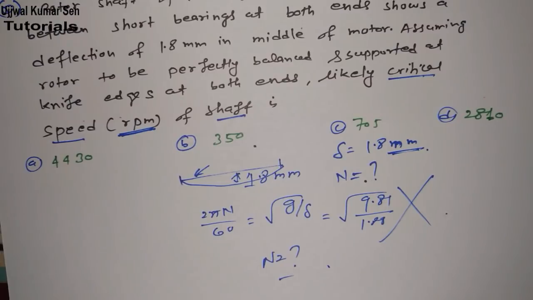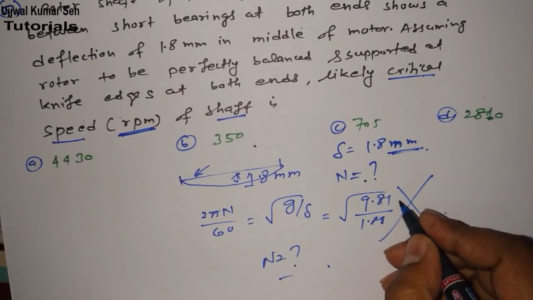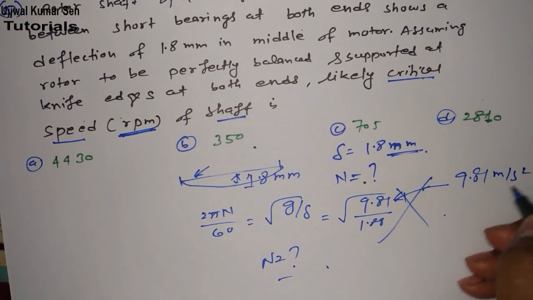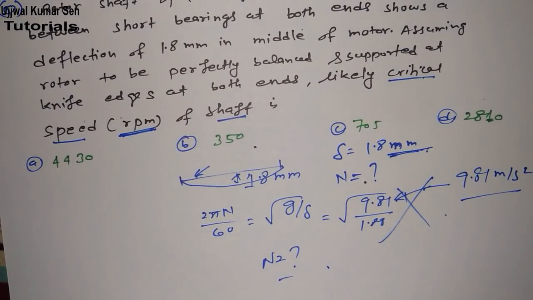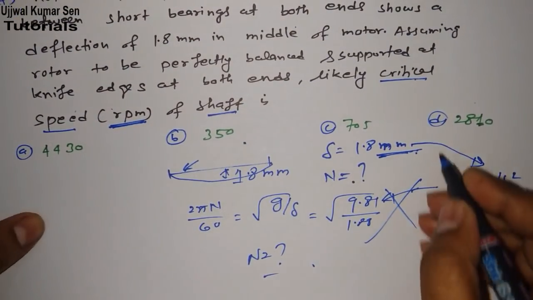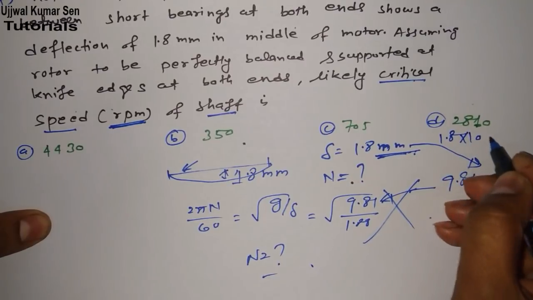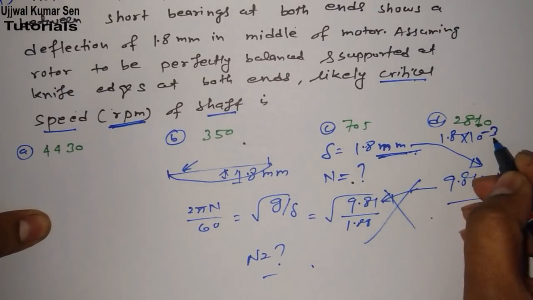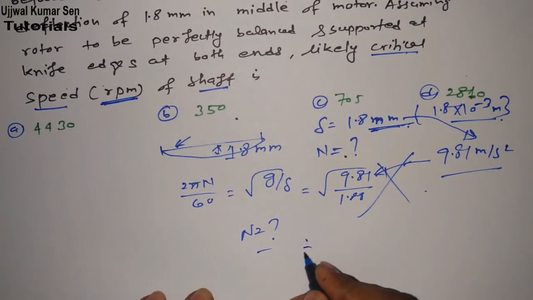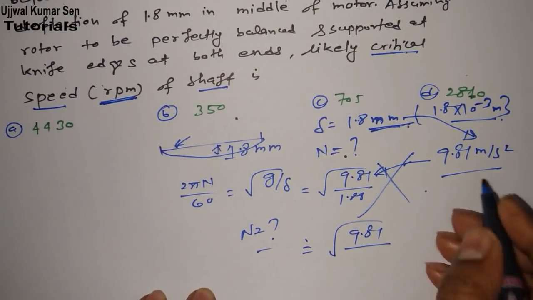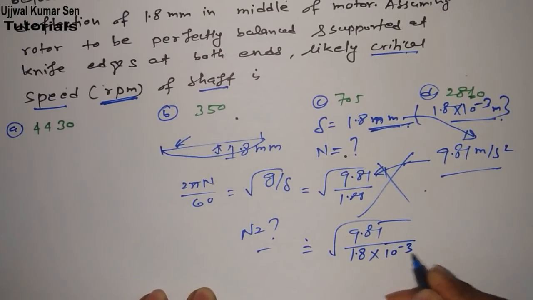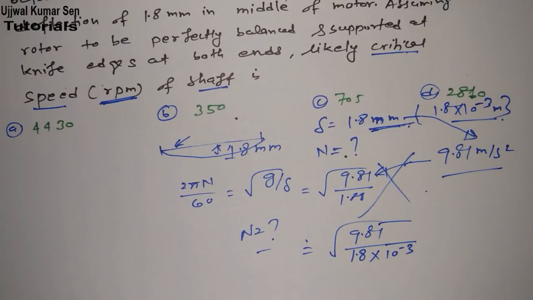Before solving the problem, check the units, because acceleration due to gravity is 9.81 meter per second square in SI, while this is in mm, not given in SI. So we have to convert it into SI by multiplying by 10 to the power minus 3. So it is 9.81 divided by 1.8 multiplied by 10 to the power minus 3.